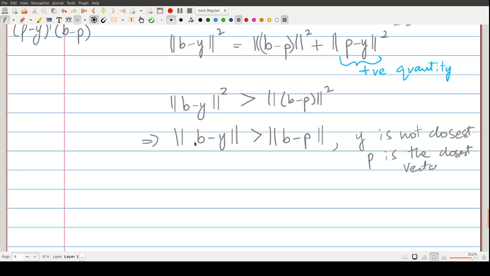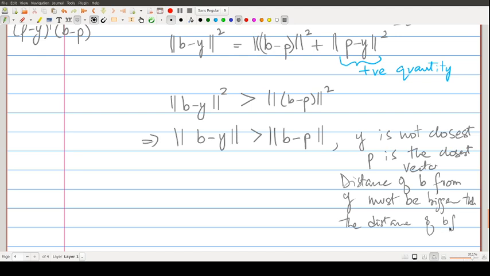That is, for every other y, the distance of b from y must be bigger than the distance of b from p, and that's exactly what this statement is saying, which completes the proof in one direction, right?